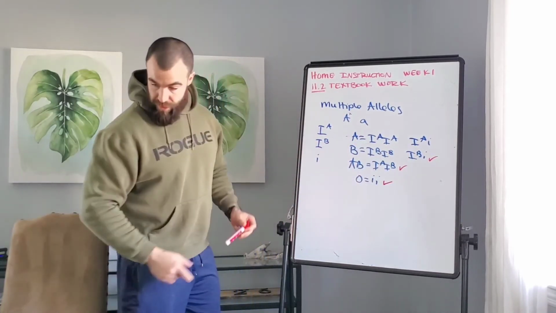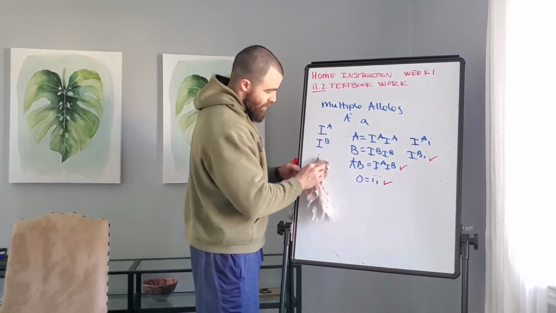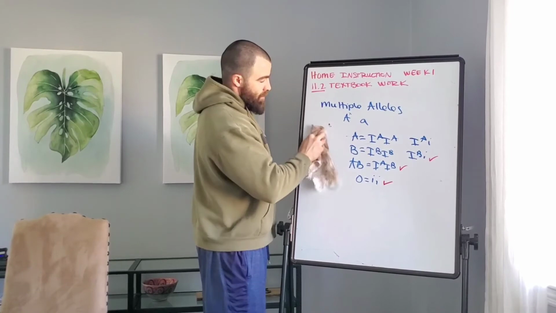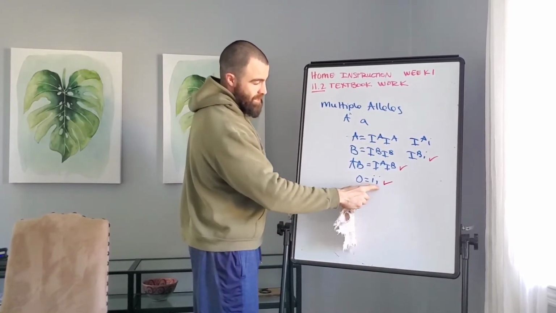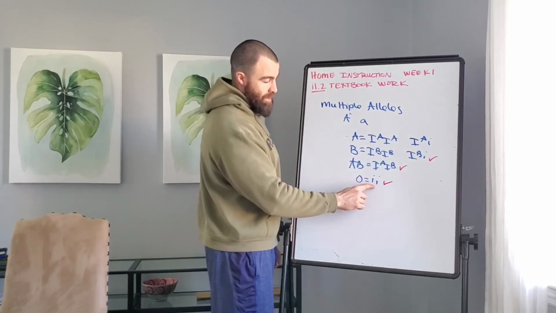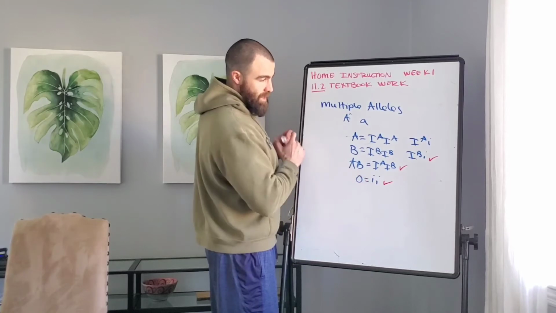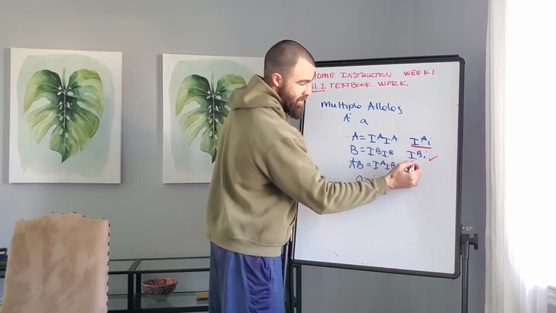Well, since we know that blood type O is the recessive, in order for them to have a kid with this, they must both be able to give that. So that means they must be this.